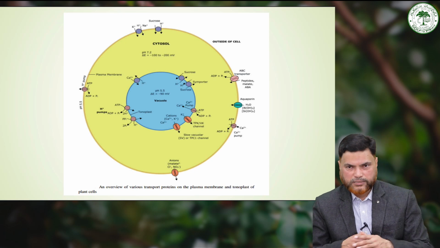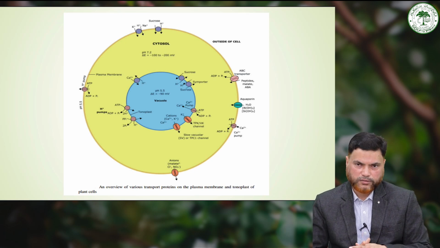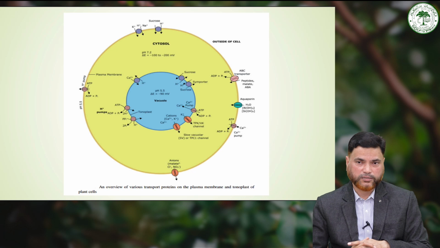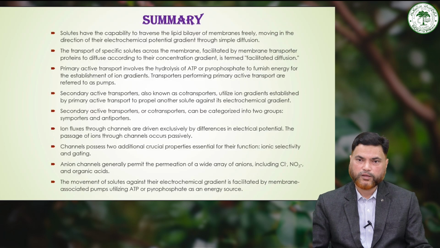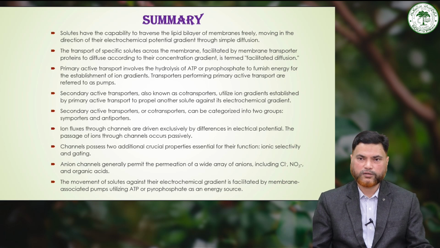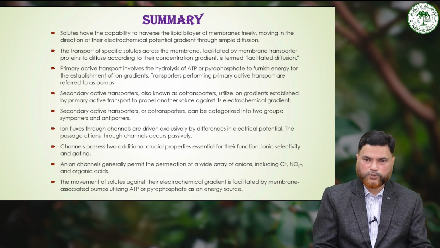Now, you see this overview of various solute transport processes localized in the plasma membrane and tonoplast in this slide. In summary, solutes move through the lipid bilayer of the membrane freely by simple diffusion, or by facilitated diffusion.